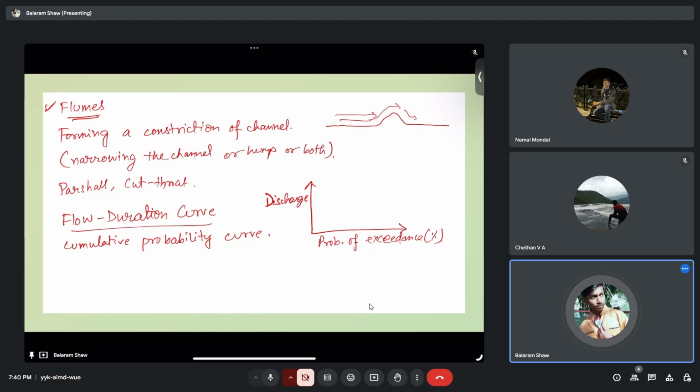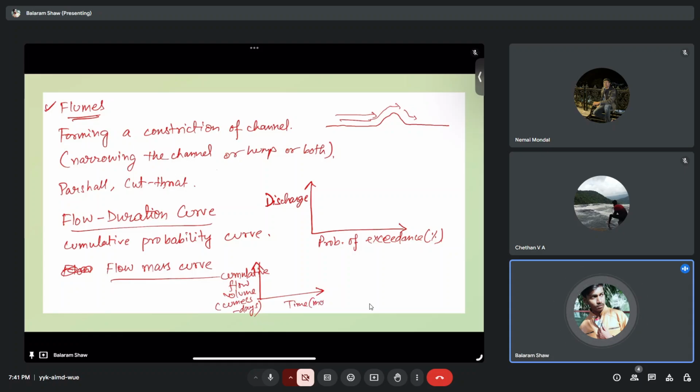And what is flow mass curve? So flow mass curve is simply the curve that you will get when you plot the cumulative flow volume, mostly in cubic meters, and in the x-axis it will be time.